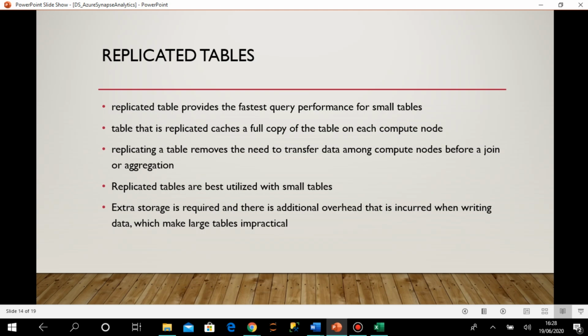Round robin is also good for smaller tables only. So for large tables, we should not consider round robin or replicated tables. That's how these three types of table data distribution are done. Now we know about the MPP architecture, control node, compute node, and how data distribution happens.